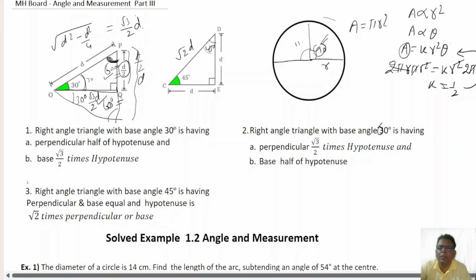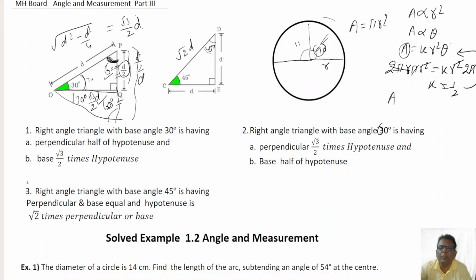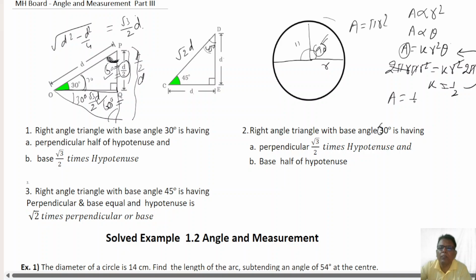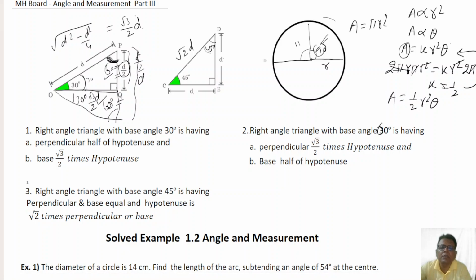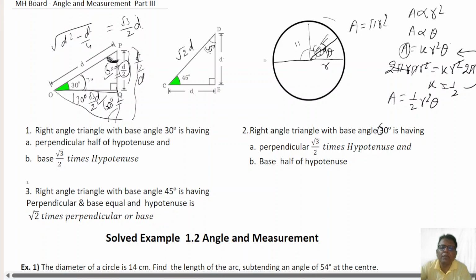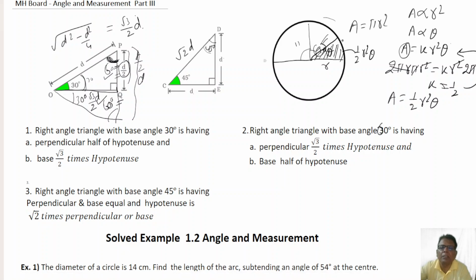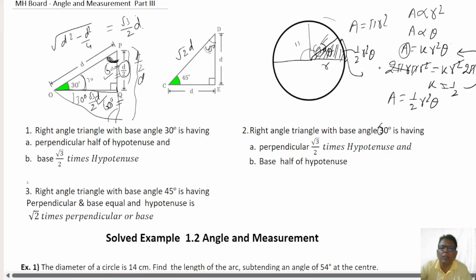So you put in this formula, then area will be half r square theta. Theta is any sectoral angle. So if any sectoral angle is theta, then this area will be half r square theta. And this length we have already derived. This length is r theta.